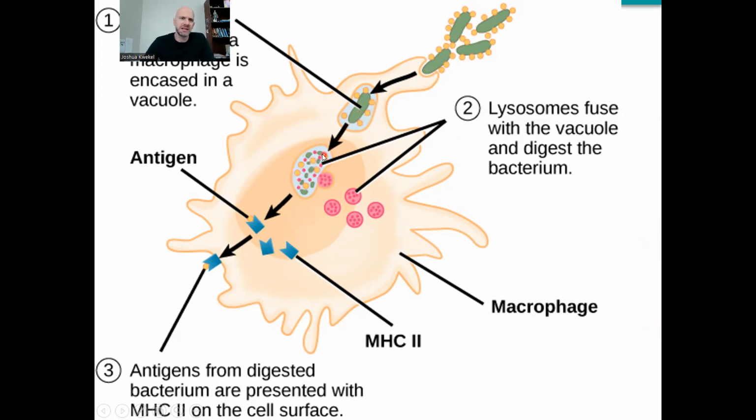The phagosome is a cytoplasmic vacuole that contains digestive enzymes and other reactive oxygen species that can obliterate, tear apart, and destroy the engulfed pathogen. After which, a small part of that torn apart pathogen gets associated with the MHC class 2 receptor, shown here in blue. MHC receptors are super important. There's class 1, there's class 2.